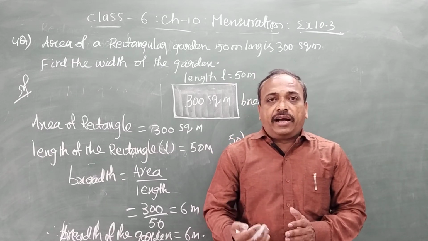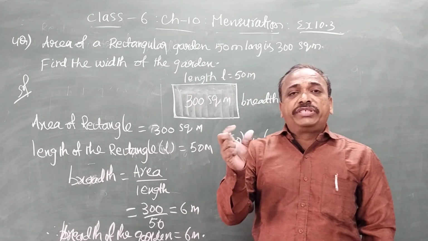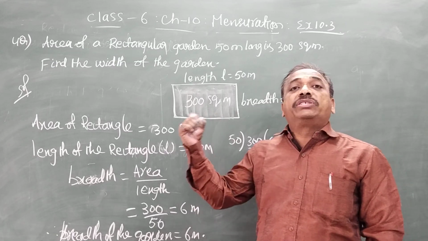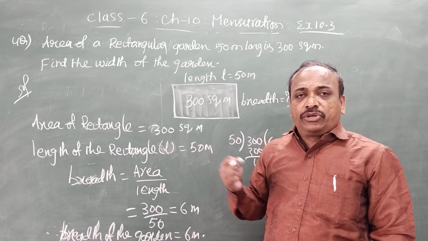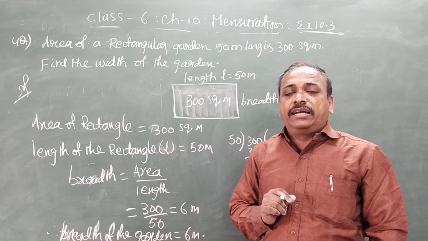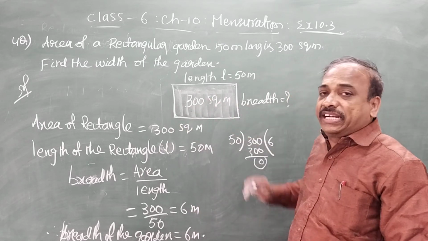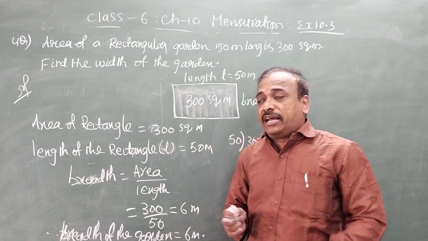How to find it using the graph sheet, and by using the formula, which we call formula based: L into B, length into breadth. Similarly, area of a square we calculated as side into side. And if you know the length and the area, how to calculate the breadth of a rectangle, we have discussed today. And the leftover we will see in the next class.